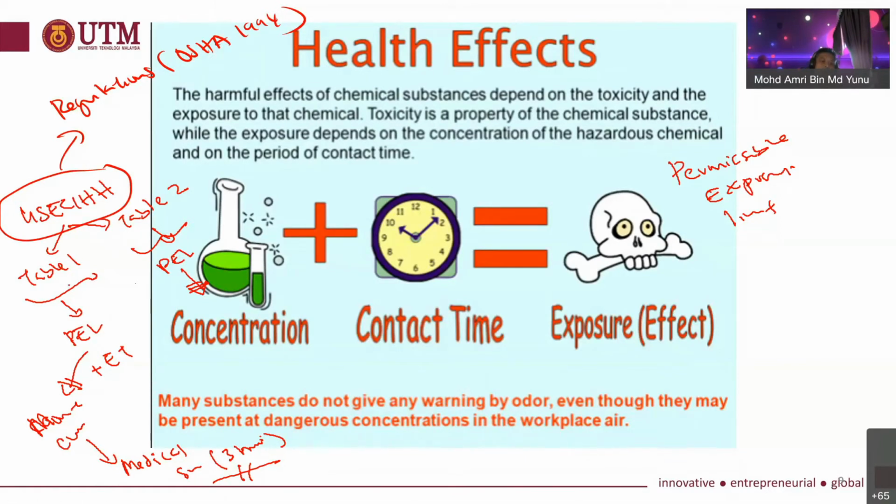And for every compound in the table, there is a permissible exposure limit, same as table 2. But if I'm not mistaken, for table 1, if you are exposed to anything under table 1, you have to go for mandatory medical surveillance.